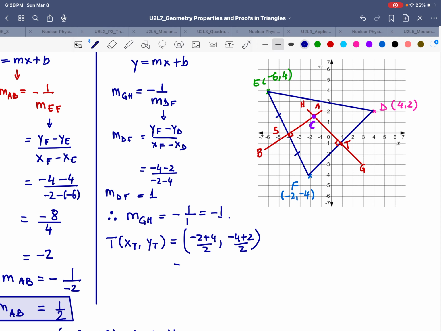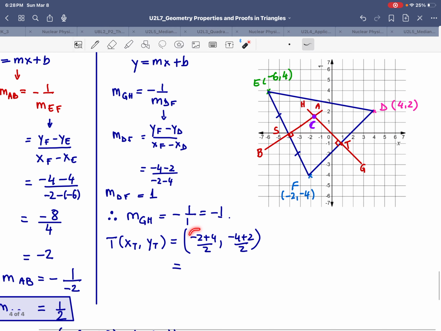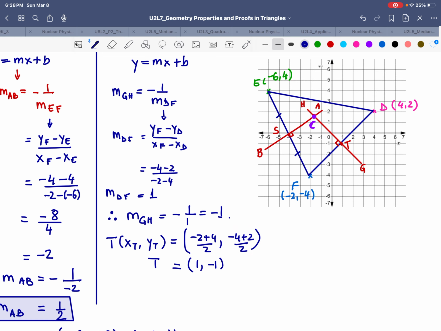As you can see here, we get positive 2 over 2, that equals 1, and negative 2 over 2, which equals -1. So these are the coordinates of the point T.